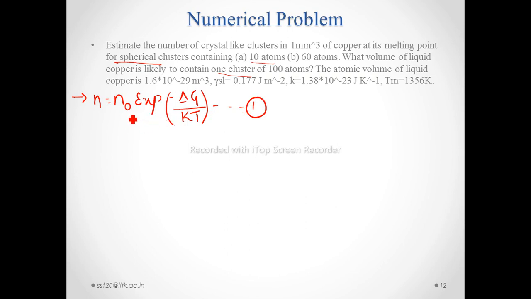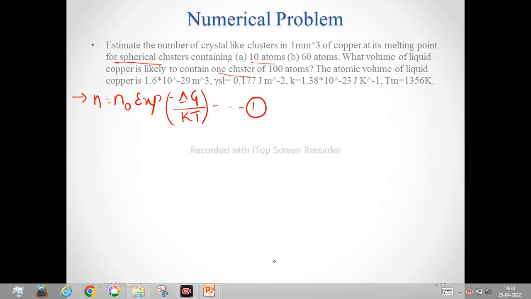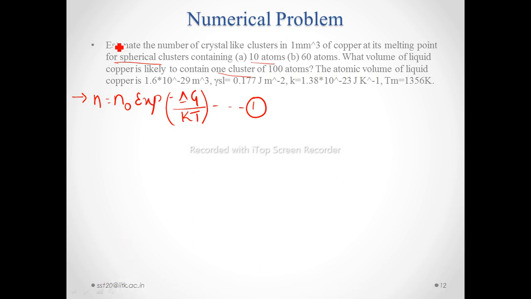In this one, we know n naught. For 1 meter cube, n naught equal to 6.25 into 10 to the power of 19 atoms.